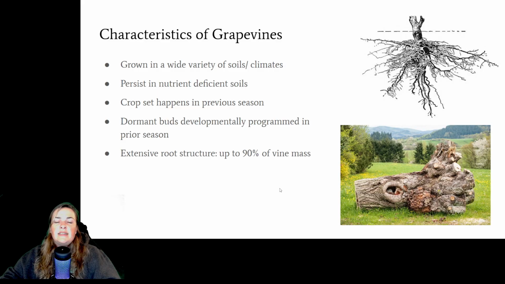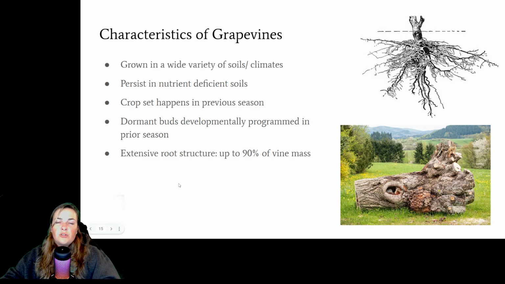The crop set does happen in the previous season. So after the fruit is harvested, there are already buds on the shoots that will be the new shoots and new clusters for next year, which is pretty crazy. This is because they have these dormant buds that are developmentally programmed during that season.